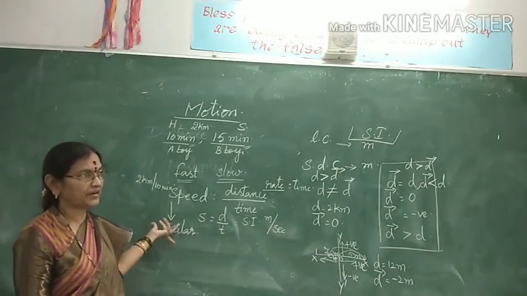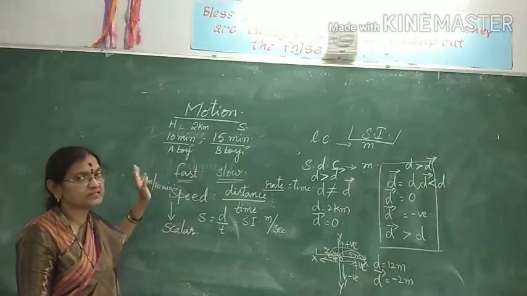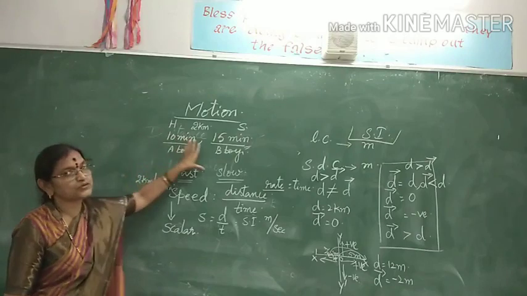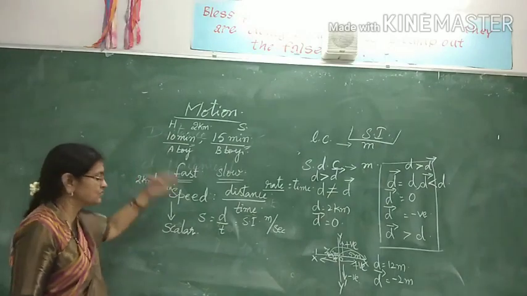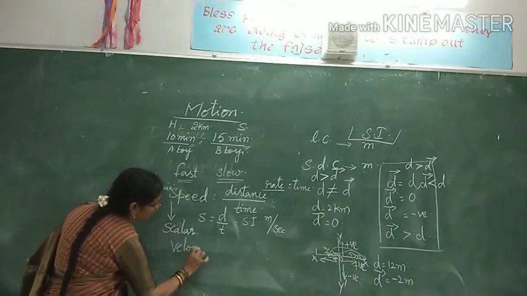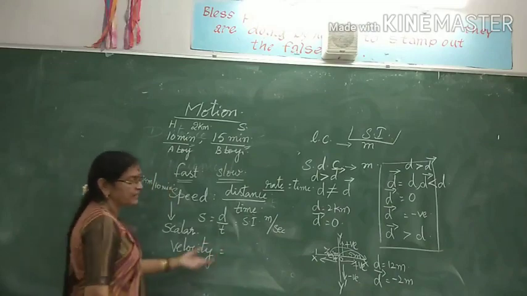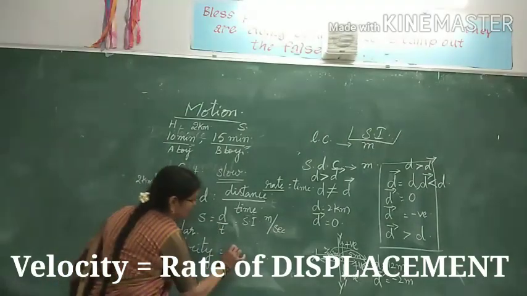Now, in which direction does he have to go to school to cover this 2 kilometers? If you describe that also in his motion, then it is called velocity. So, what is velocity? The rate of displacement of a moving object is called velocity.